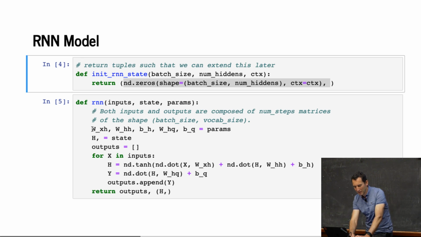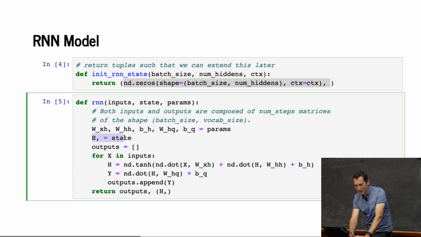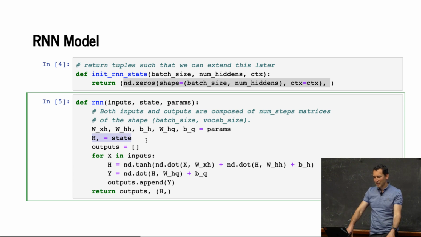That's really elegant in Python, otherwise this might be 5 lines of code. And then here I'm pulling the hidden variables out of the state, right? So that's why I'm writing H comma, because I'm basically just pulling the first element out and I don't care about the rest. The outputs initially are just empty because I don't have any yet.